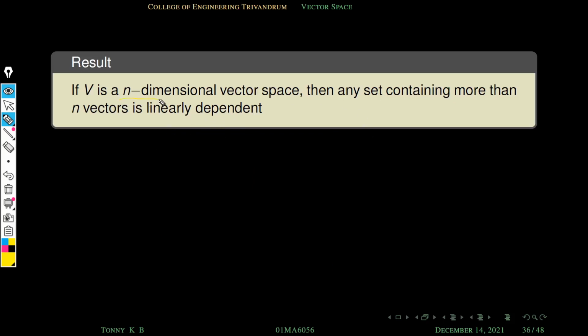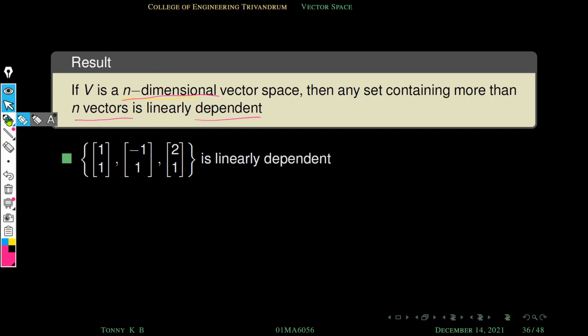If V is an n-dimensional vector space, then any set containing more than n vectors is linearly dependent. If you know the dimension of the vector space, and the collection contains more vectors than the dimension, then it is always dependent. For example, consider this example.